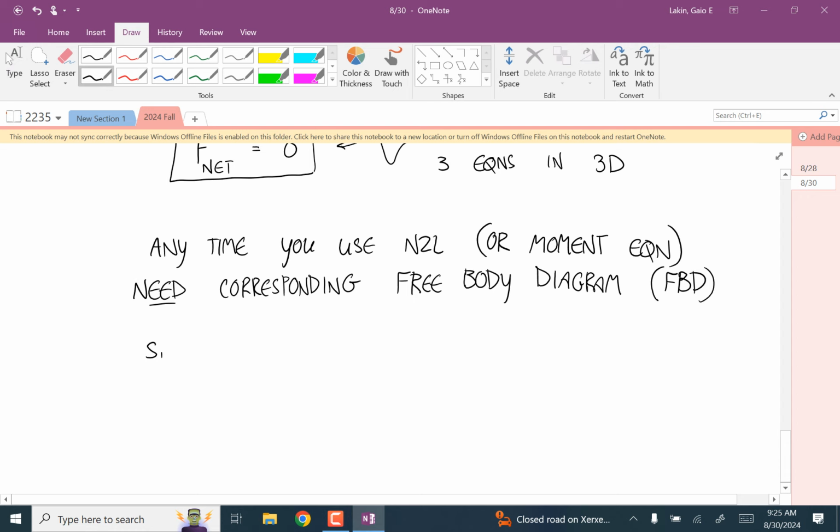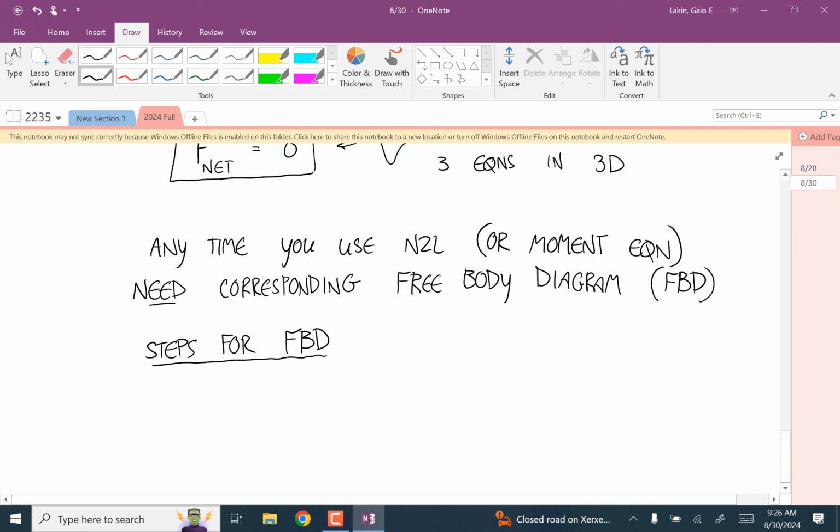So let me give you the steps for drawing a free body diagram. In Physics 1, I think probably a lot of you got in the habit of drawing your free body like a point, like a particle, and then you have the force vectors going out from it in different directions. Since we are going to be doing mostly rigid bodies in this class, things that have length dimensions, we're instead going to draw an outline of the actual body.